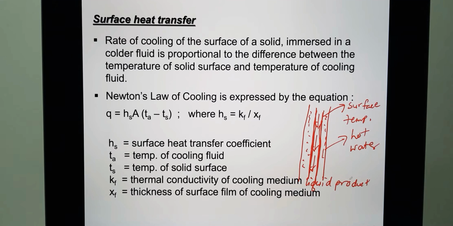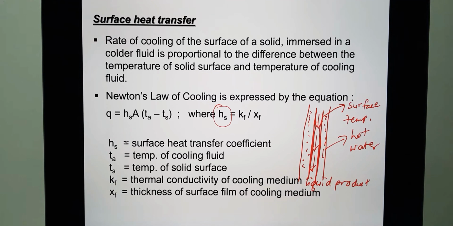Alright, right now we are going to try to achieve a heating process. So your product is colder, the temperature of your product is lower compared to the hot water. Okay, so according to Newton's law of cooling, it is expressed by the equation Q equals Hs (Ta minus Ts), whereby Hs is equivalent to Kf over Xf.